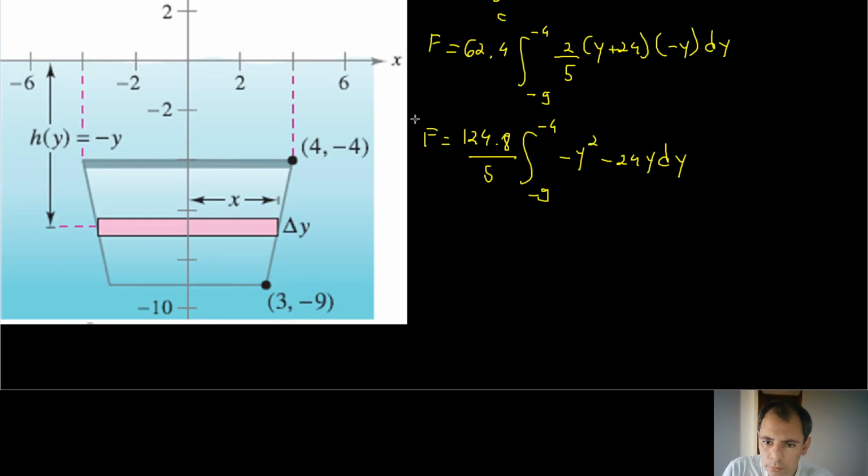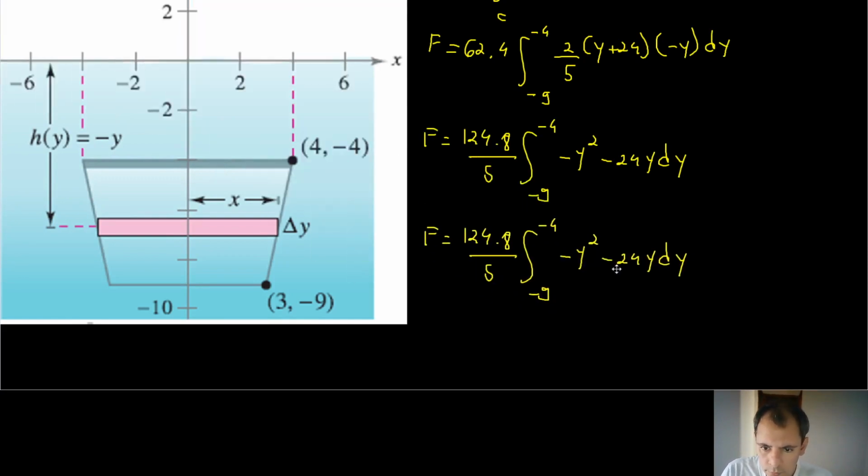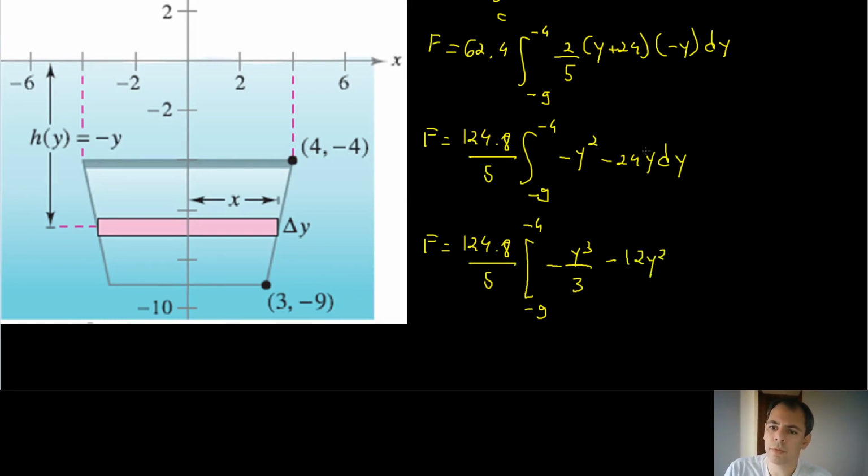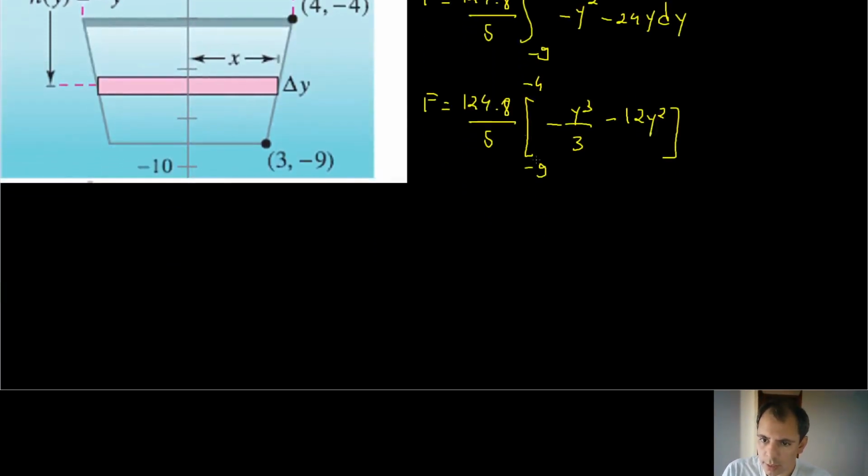So let me just copy this. The force is going to be equal to this, and now let's erase that. So it'll be, from -9 to -4, minus y cubed divided by 3 minus 12y squared, because it's minus 24y squared divided by 2, minus 12y squared. Okay. And now all you gotta do is plug in these values.